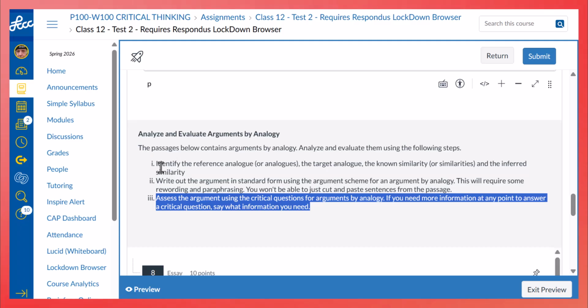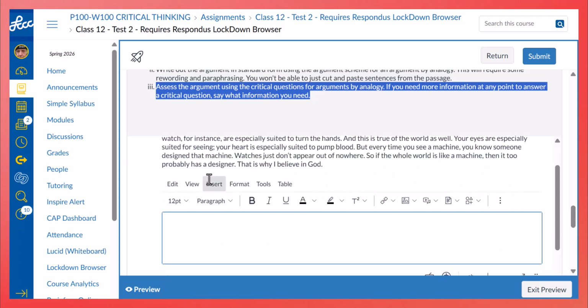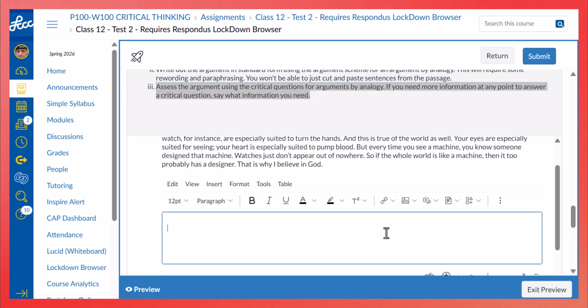So we want to be sure to do all of these. This actually winds up being a fair amount of work, but if you just pay attention to what you're doing, you can follow through on it. So really what we want to do is thoroughly dissect the arguments in these three paragraphs coming up.